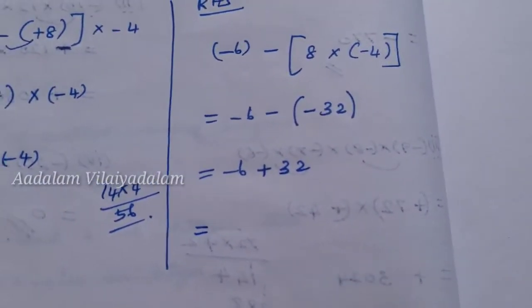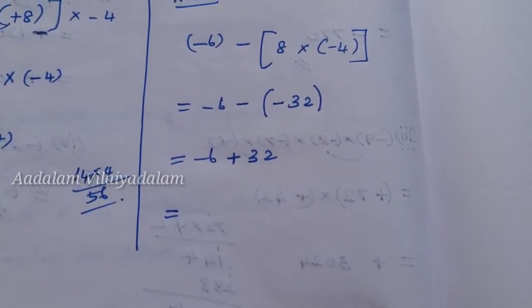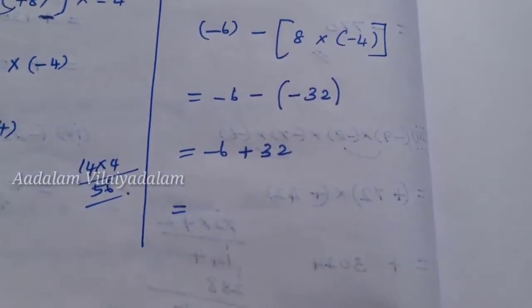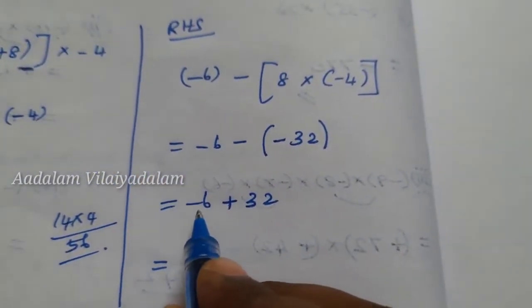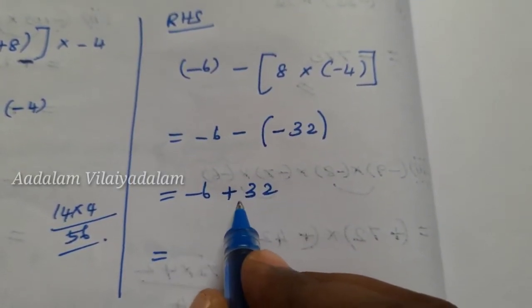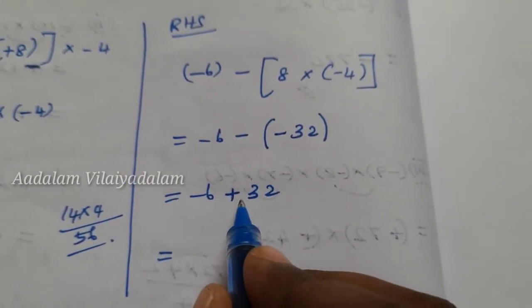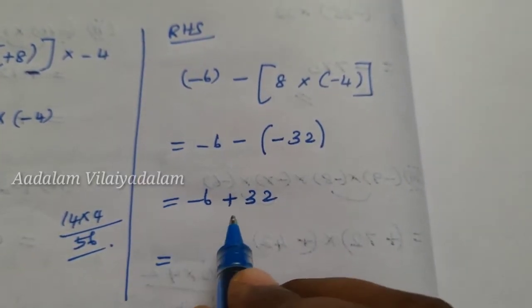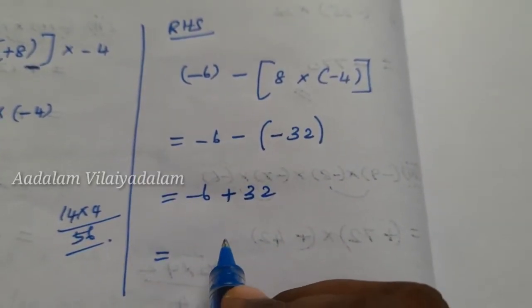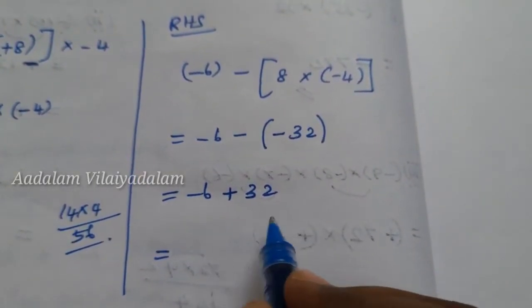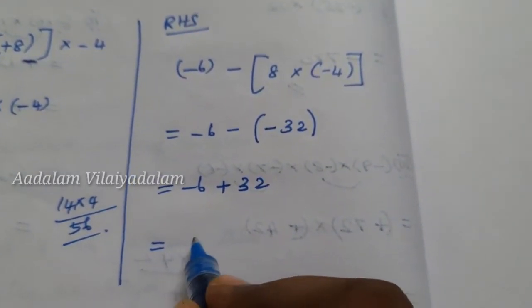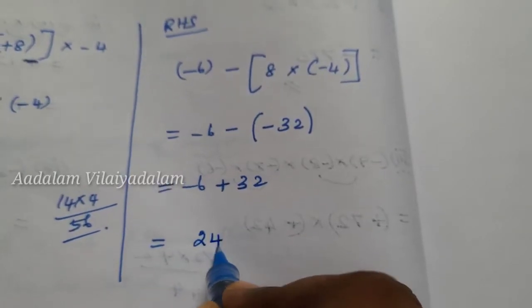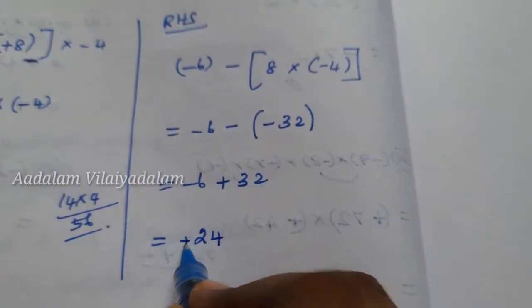Then if we simplify, what will we get here? There are different signs, minus and plus. If there are different signs, do the subtraction and put the greater number's sign. So 32 minus 6 means we get 24. The greater number's sign is plus.